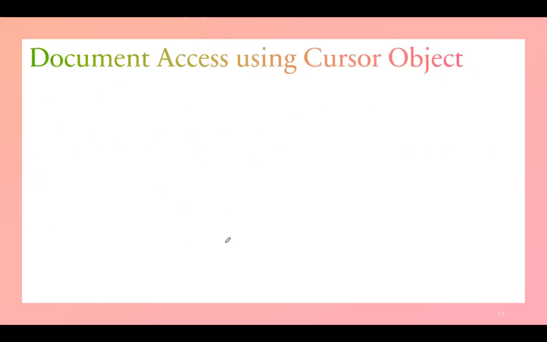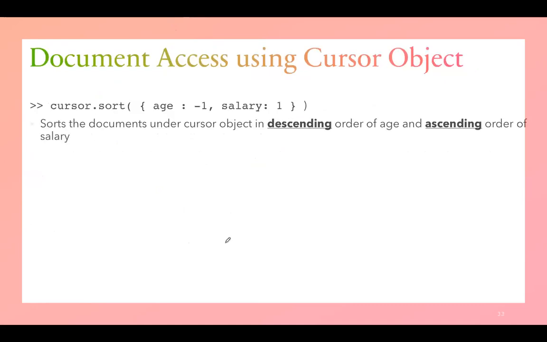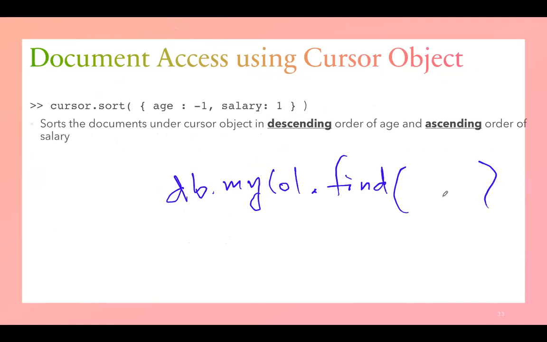So let's see document access using the cursor object, right? So let's say we have this DB, we have mycol, okay, and we have find, right? And I have specified something else, something very specific, right? And based on that, here, I will have a cursor, which is a pointer object.